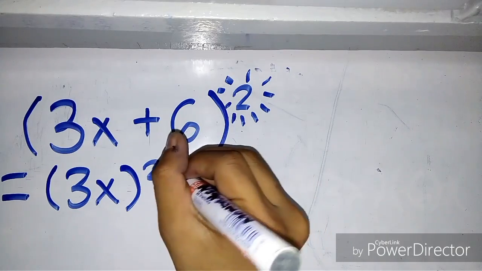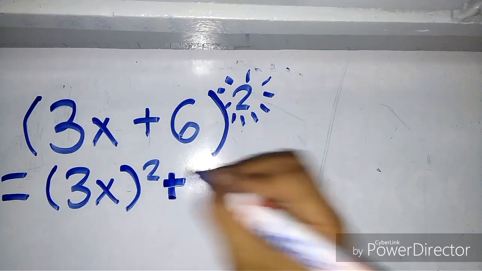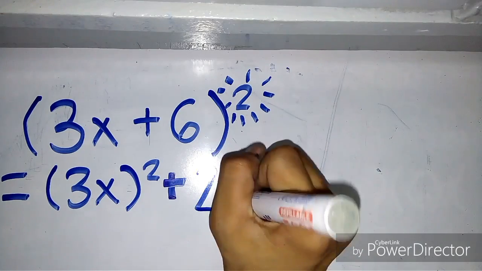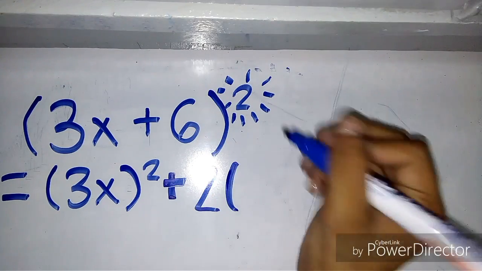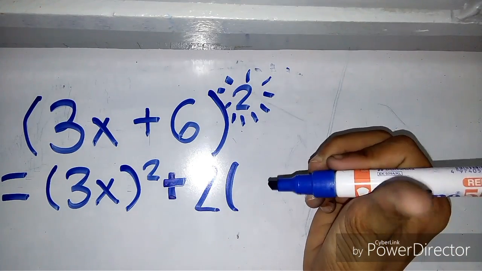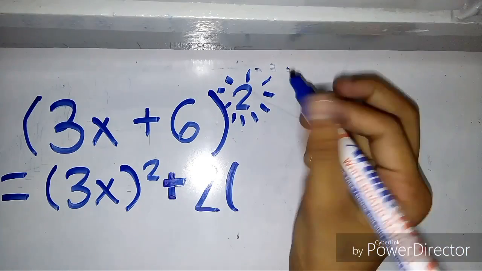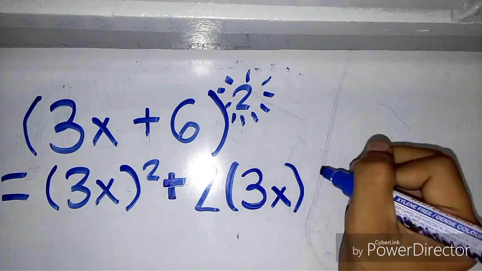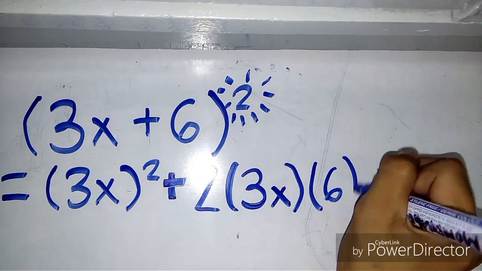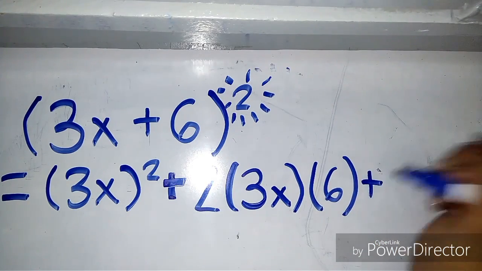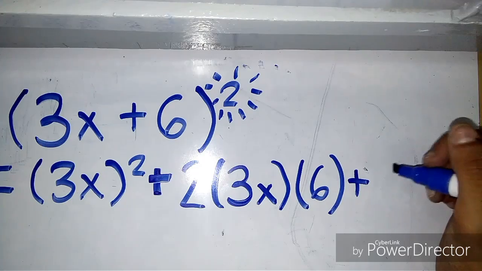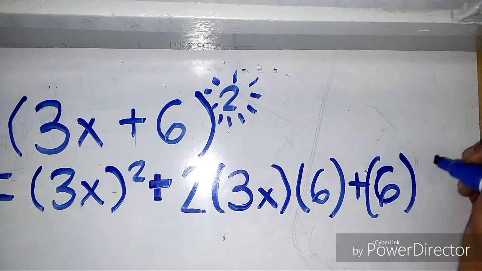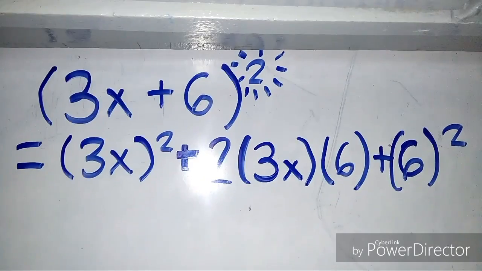Then the product of the first and second, which is 3x and 6, you're going to multiply twice. And lastly, you're going to square the last term, which in this case is 6.